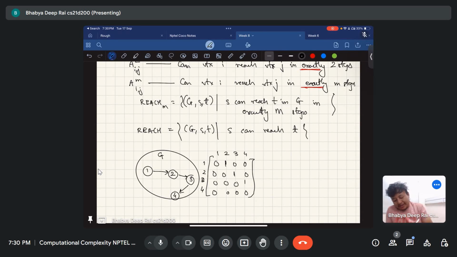Now multiply this once. What do you get?